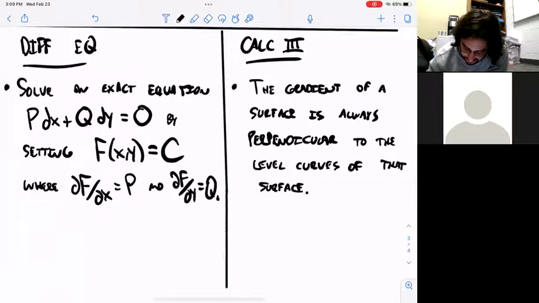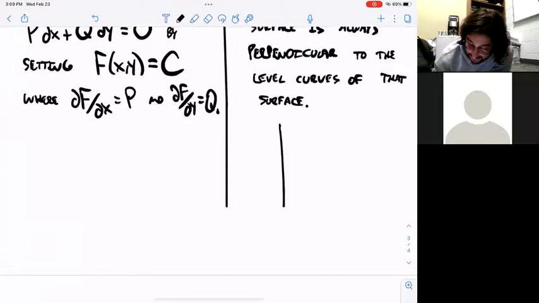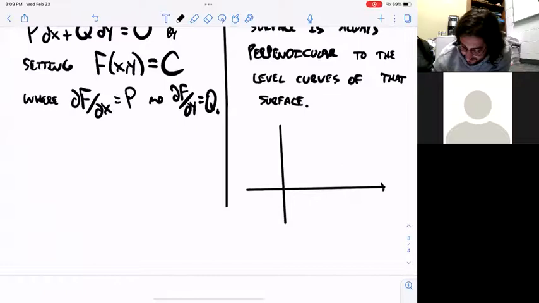Right? This is something in Calc 3 that you actually use a lot, especially when you do Lagrange multipliers. The whole method of Lagrange multipliers is based on this fact.